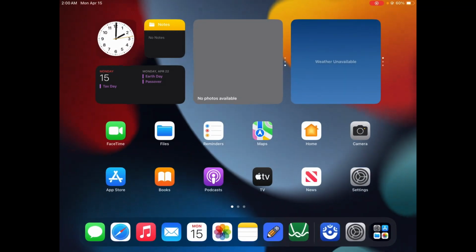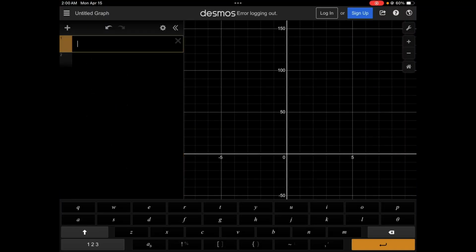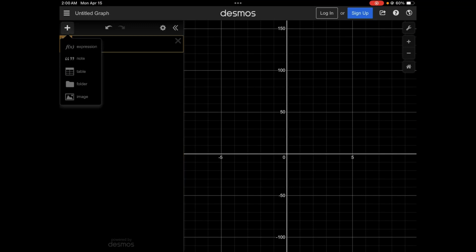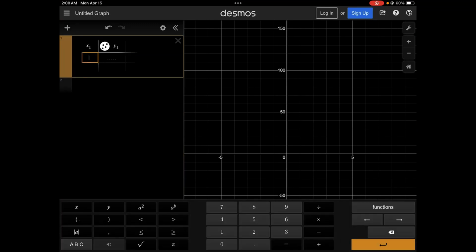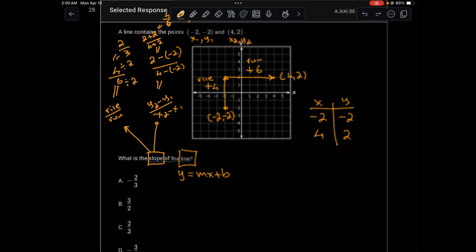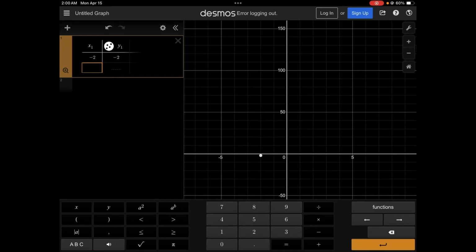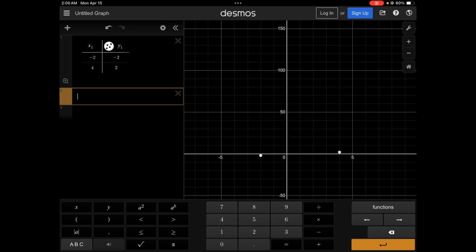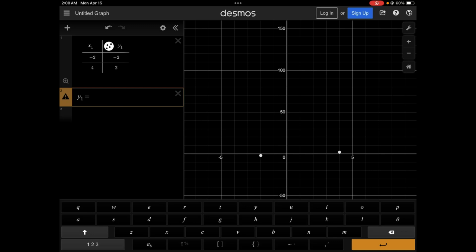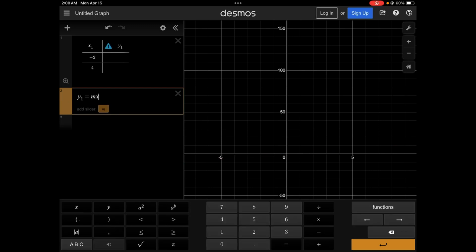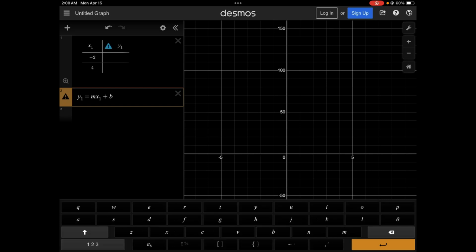Let's see if we can do that. Let's do a table that has negative 2, negative 2, and there was one more point, 4, 2. Let's see what this equation is. y1 equals m x1 plus b.